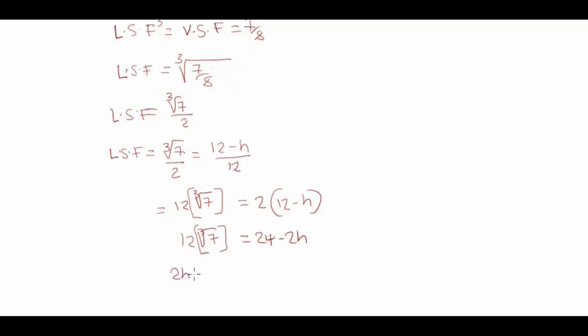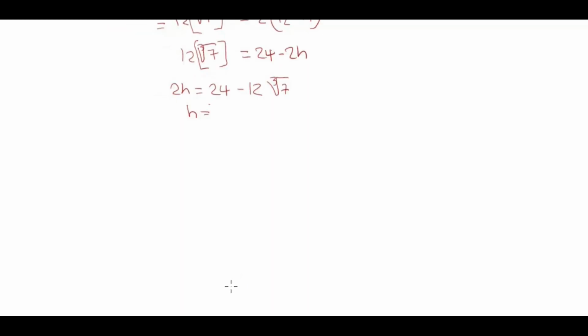So 2h is equal to 24 minus 12 cube root of 7. So h is equal to 24 minus 12 cube root of 7 divided by 2, and when you work this out, you'll get 0.522 centimeters. So this is the height of the frustum.